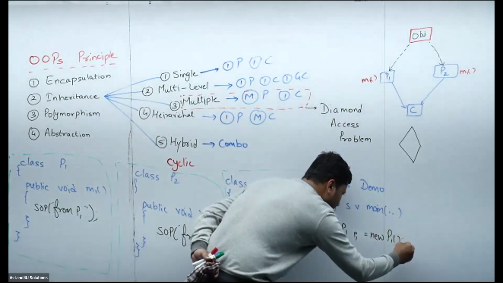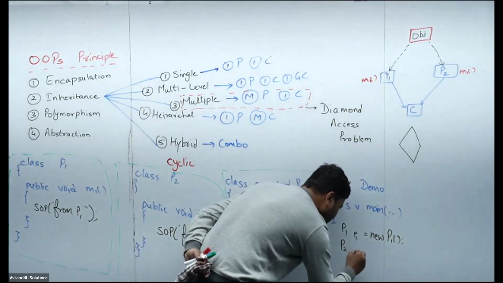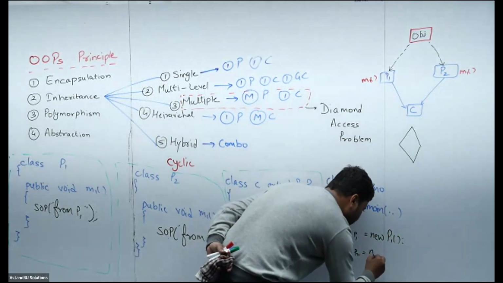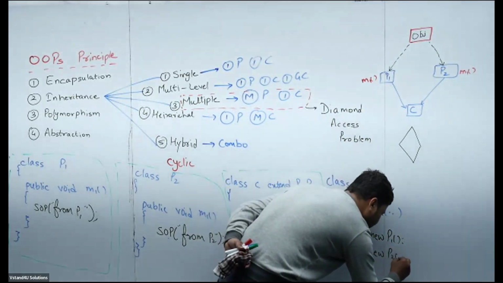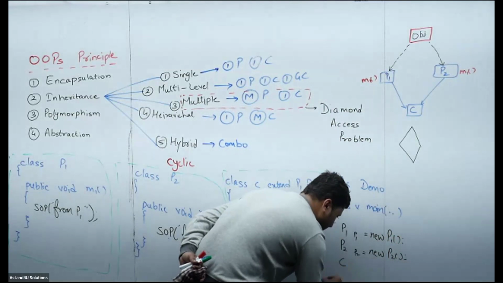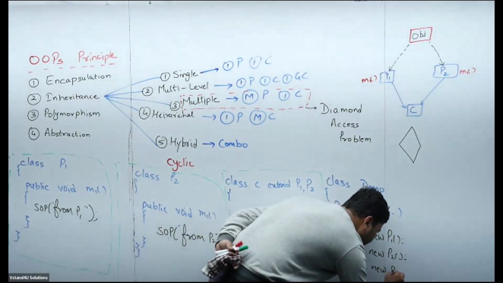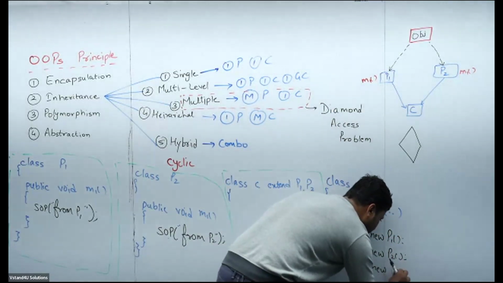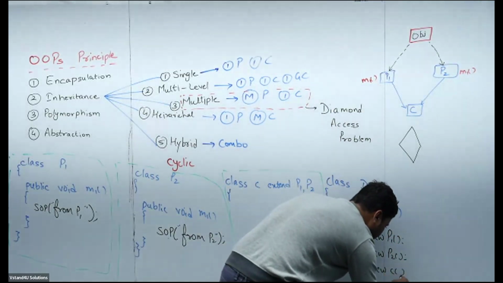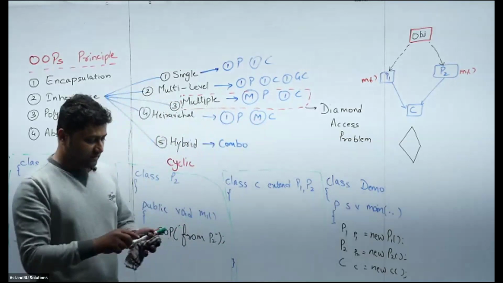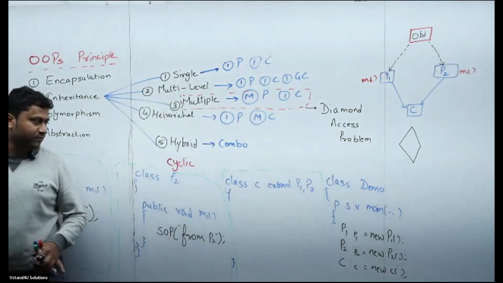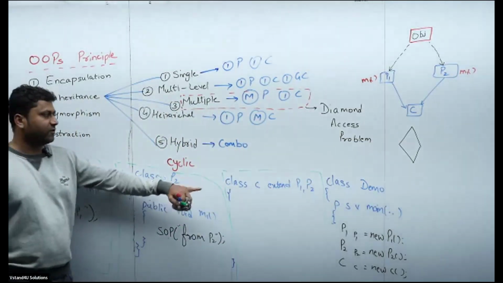Then for the P2 class, a new P2 object. Then C, there is only one class, C equal to new C. Done. I have created three objects, one for P1, one for P2, one for C class.